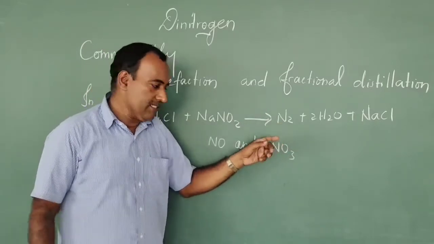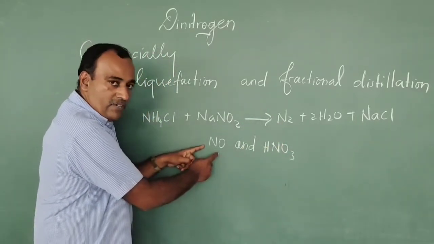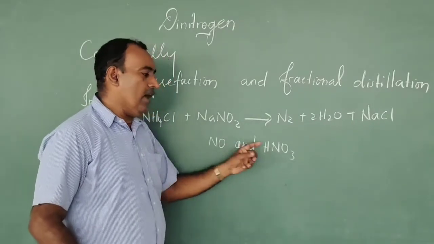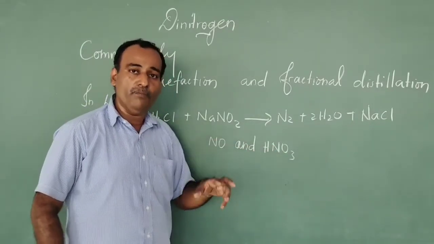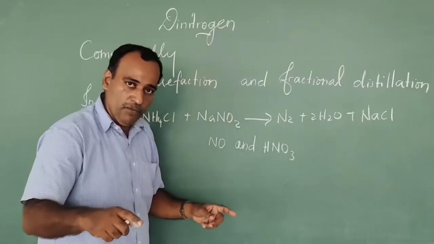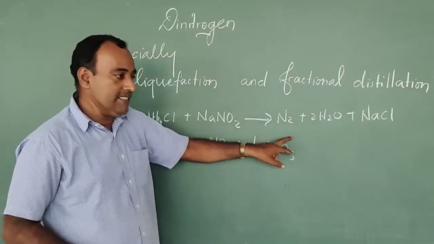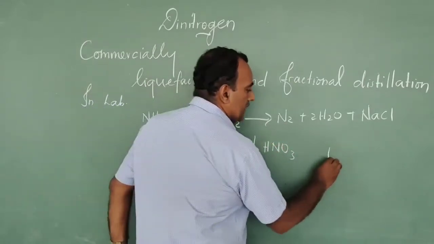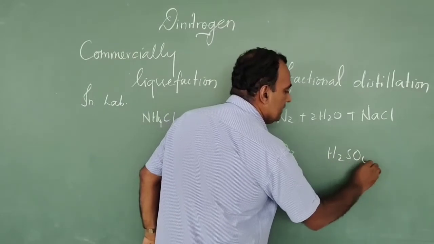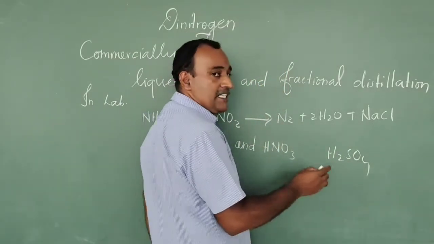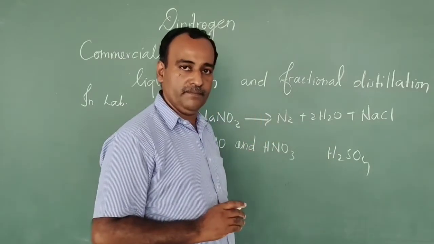But in this reaction, nitric oxide and nitric acid, NO and HNO3, are formed as impurities. These impurities are removed by passing the resultant gas through sulfuric acid which contains potassium dichromate.